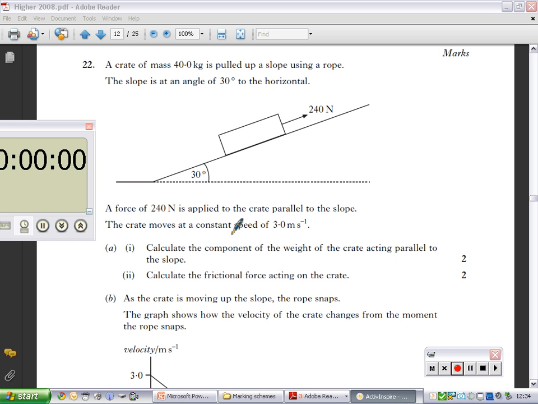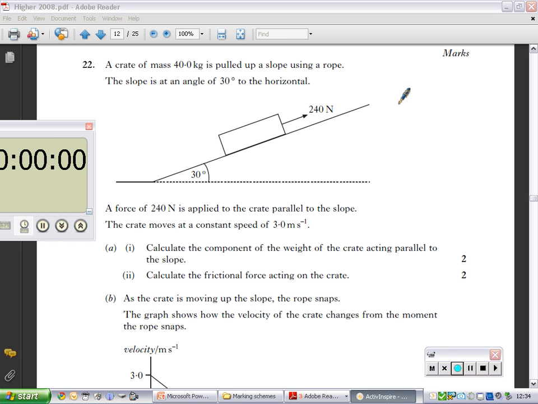So you're looking for the component of weight acting parallel to the slope. You draw your vector diagram. You have weight acting down, you have parallel to the slope, and you have into the slope, and it's a right angle triangle like that. So this is your W, this is your 30, this is the weight parallel to the slope.